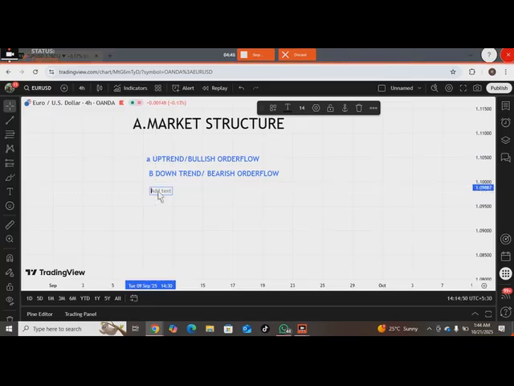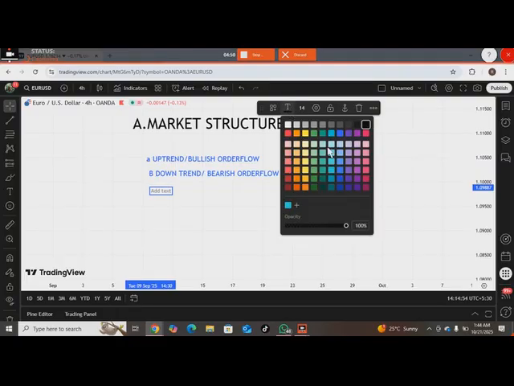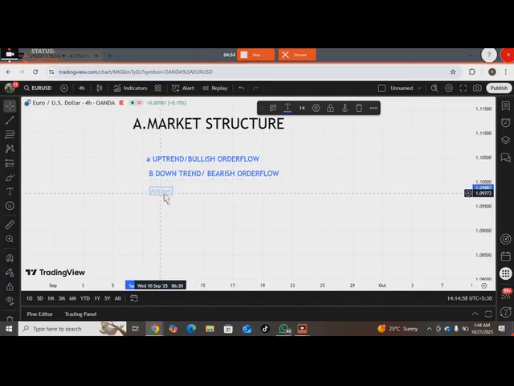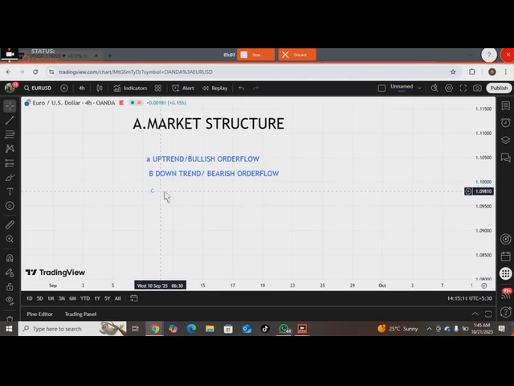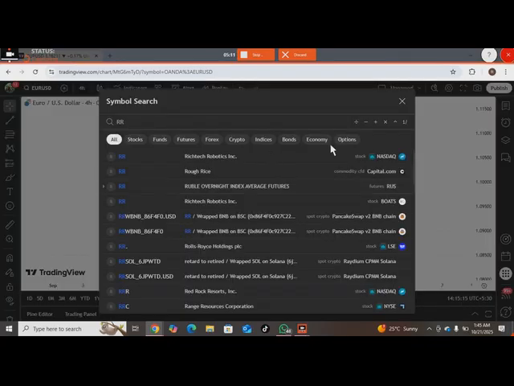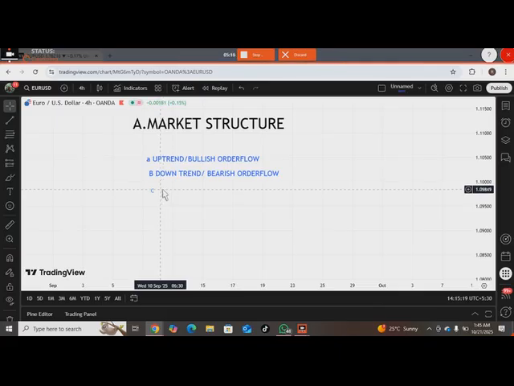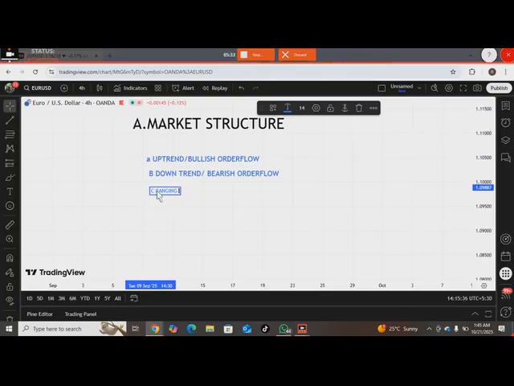And here at C, we have ranging market. We have ranging order flow, or swing.